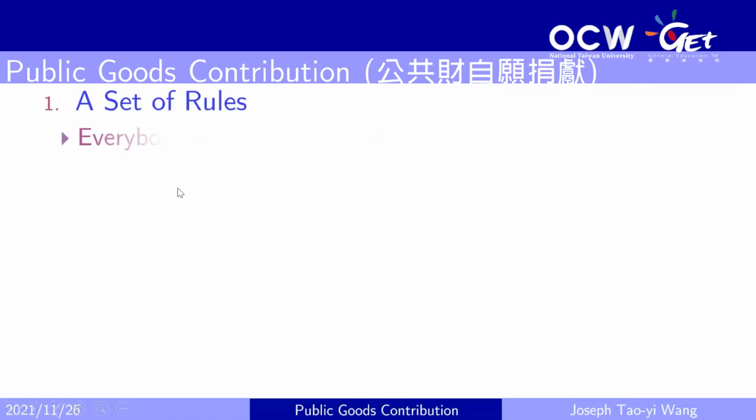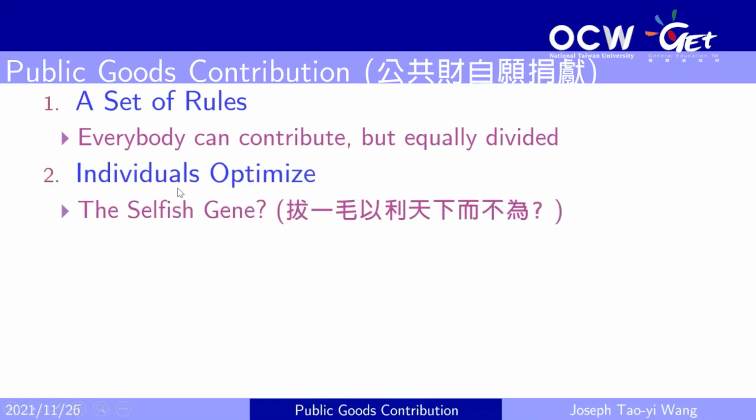It starts with this set of rules that everybody can contribute, but your contribution generates benefit for the whole project, and it's divided equally by everybody in the group. So the problem here is, do you want to be selfish? Because if you keep everything for yourself and still benefit from other people's contributions, then you gain a lot.